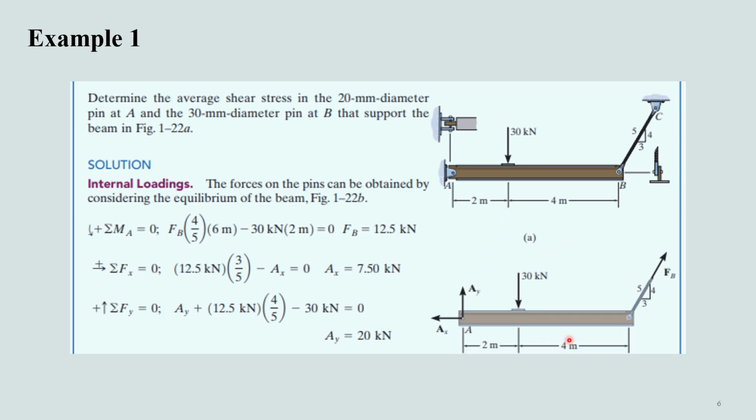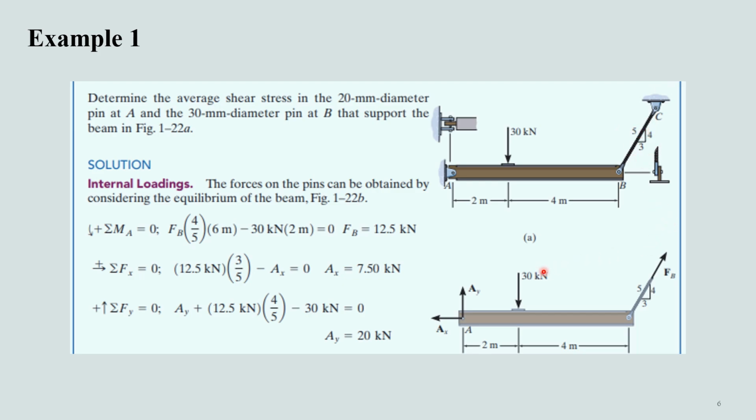If we draw it, we'll get to know that we have AX, AY at this pin location, and B is actually supported by this inclined force F that is exerted by this point and by this pin C.